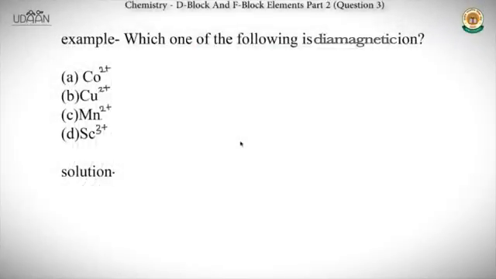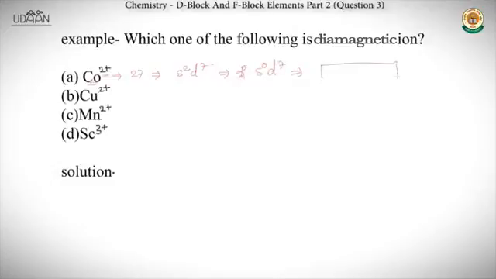Okay, let's find out which of the following given ions is diamagnetic. So the first ion is Co2+. We all know that the atomic number of Co is 27. So its electronic configuration will be s2 d7. After removing 2 electrons, this will become s0 d7.